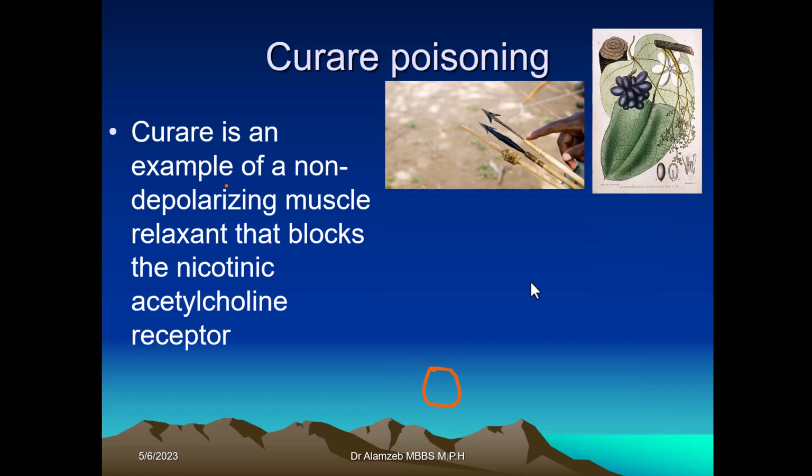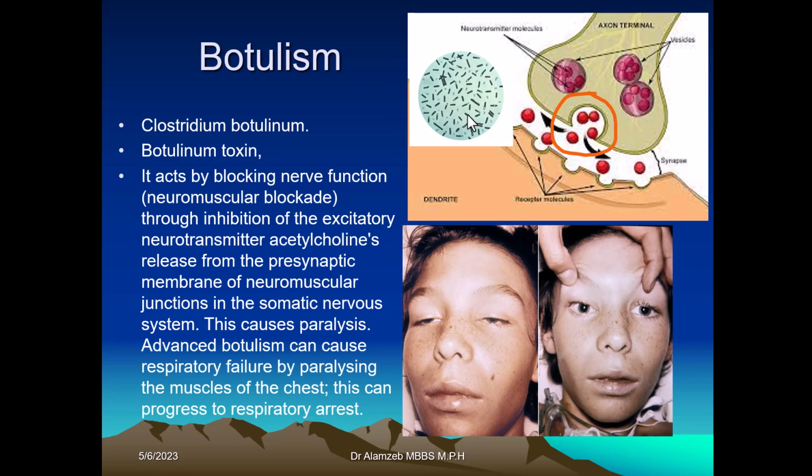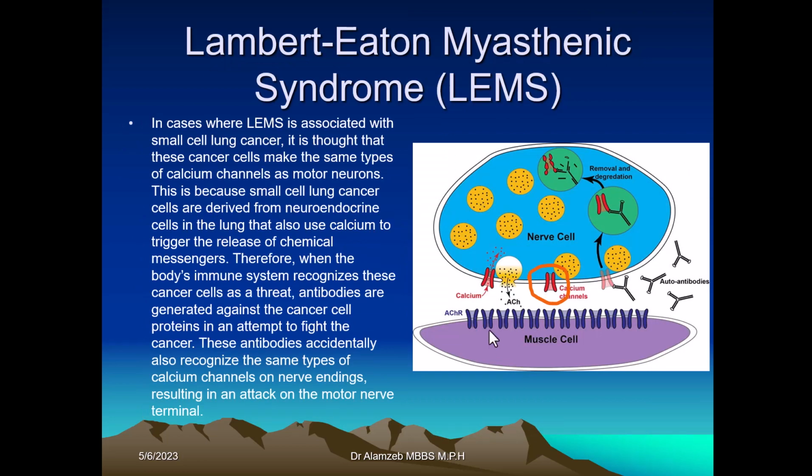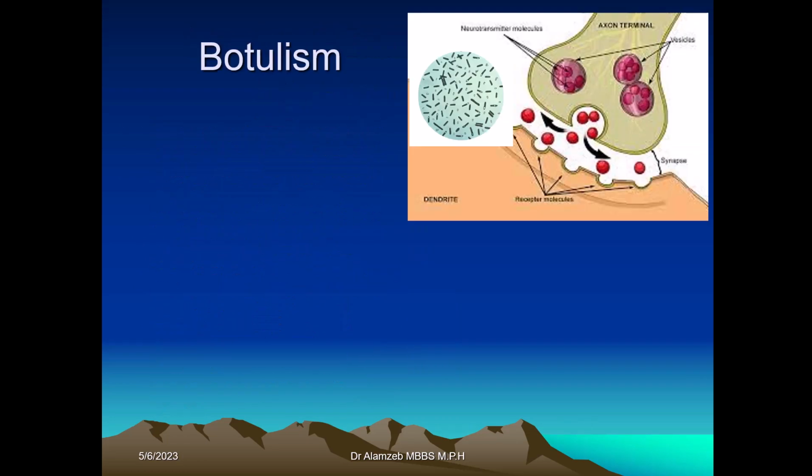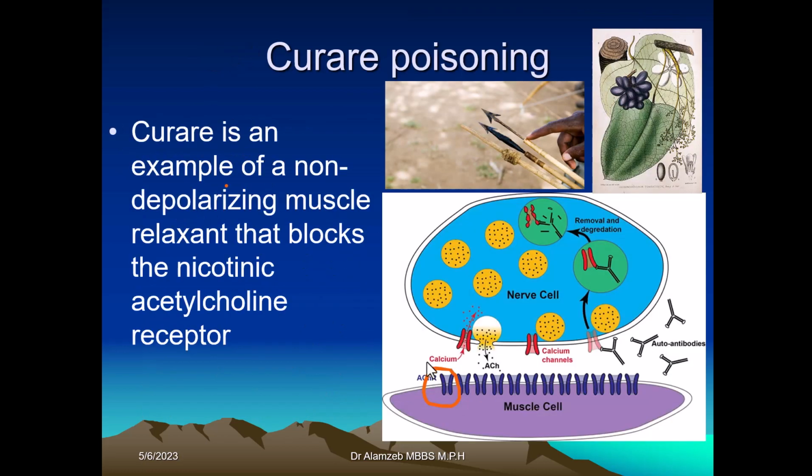This bacterium, Clostridium botulinum, grows in anaerobic conditions. So food which is stored in cans, if not stored properly, especially fish, can have these toxins produced in it, and if somebody takes this food, it causes the blockage of release and leads to paralysis of muscles, and it can lead to the death of the patient.